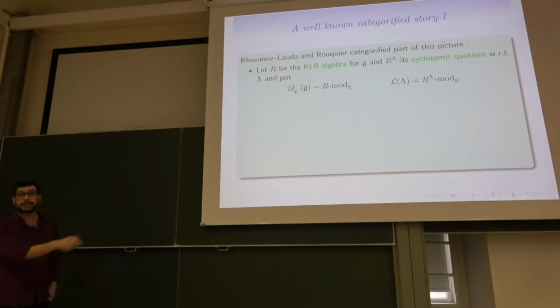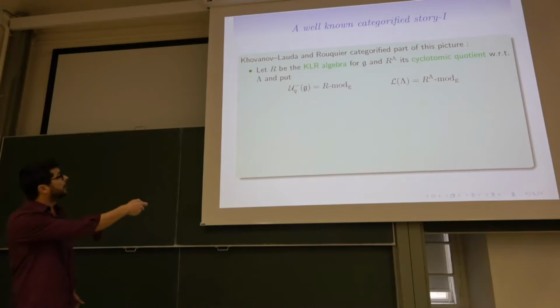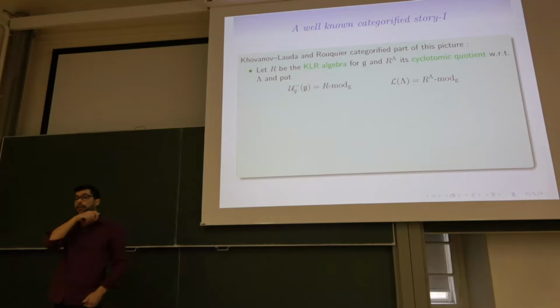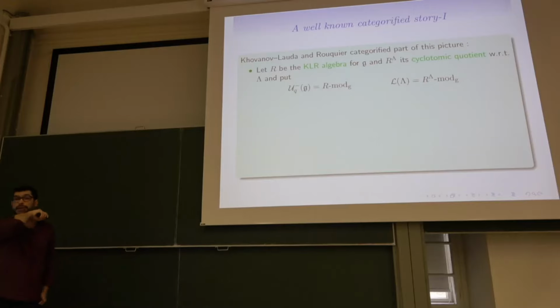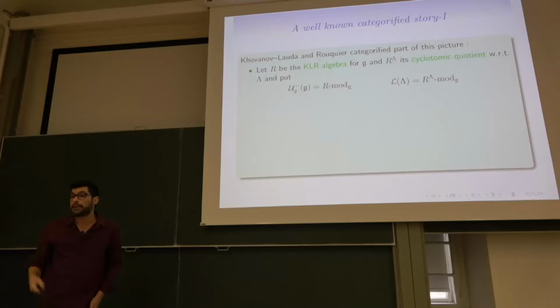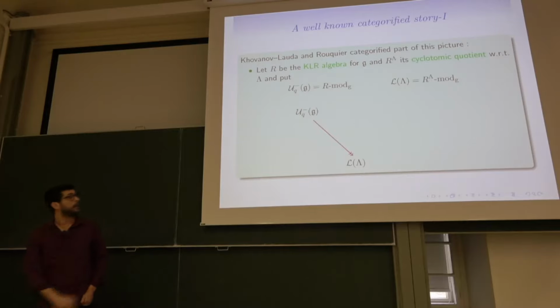As explained yesterday and the day before, modules over this algebra will decategorify to the half quantum group, and you can take a cyclotomic quotient with respect to this dominant integral highest weight, and consider modules over the cyclotomic KLR algebra, and they categorify integrable irreducible representations. And we have a quotient map, right? You have the half quantum group, you have the simple, categorified.